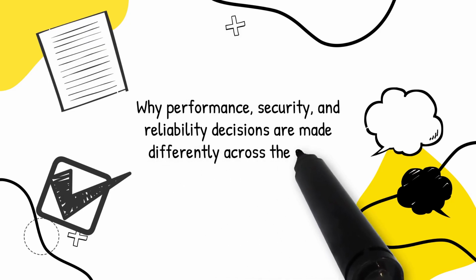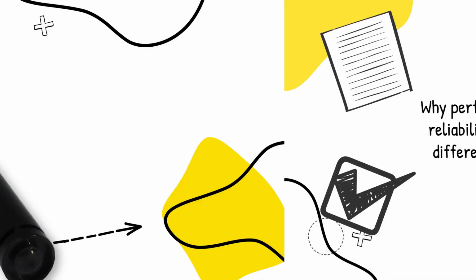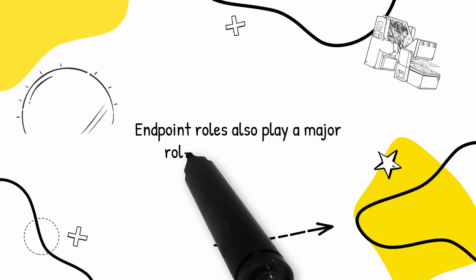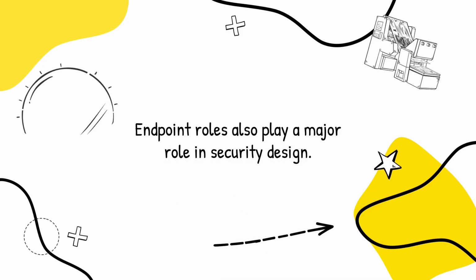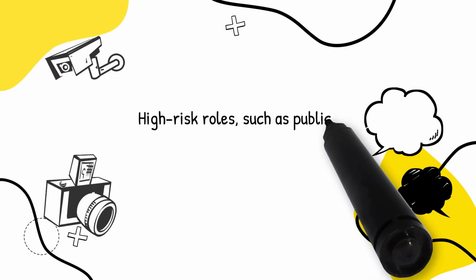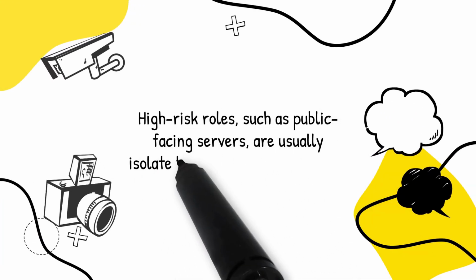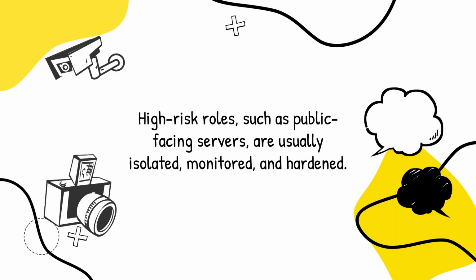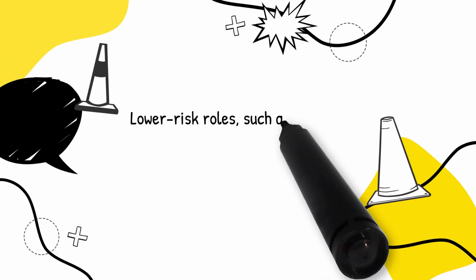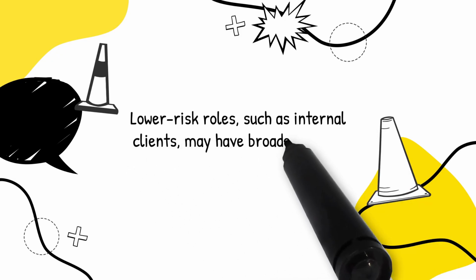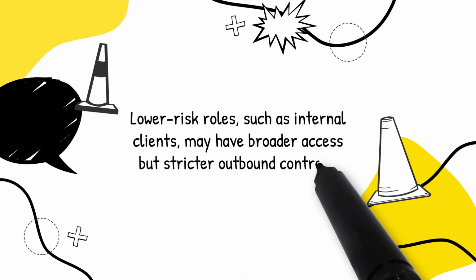Endpoint roles also play a major role in security design. High-risk roles, such as public-facing servers, are usually isolated, monitored, and hardened. Lower-risk roles, such as internal clients, may have broader access but stricter outbound controls.